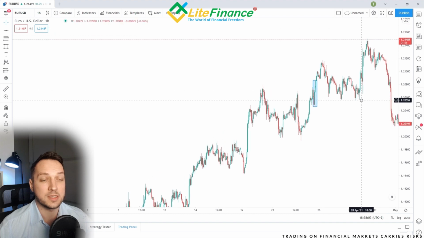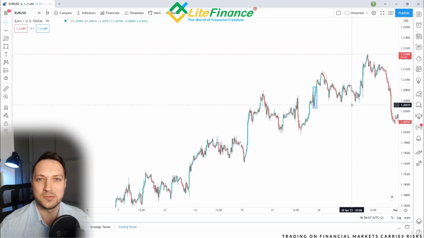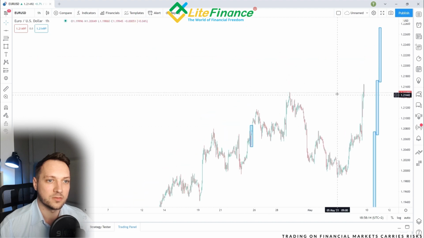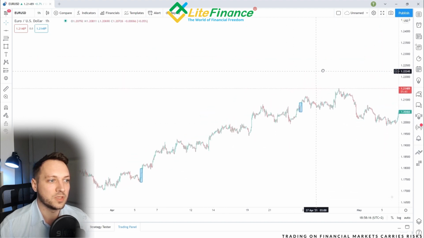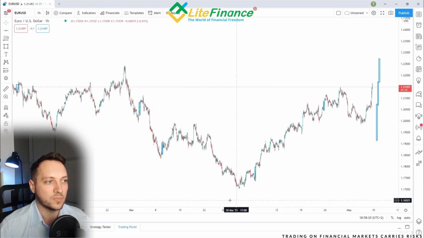As I told you a moment ago, it is a continuation pattern, so we shouldn't look for it at support and resistance, but rather somewhere in the middle. As you can see, I have also marked a couple of other examples to talk about.